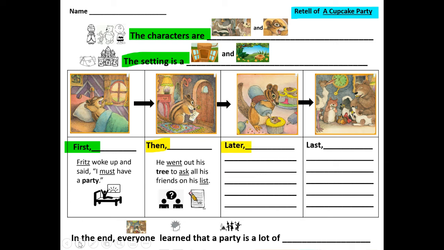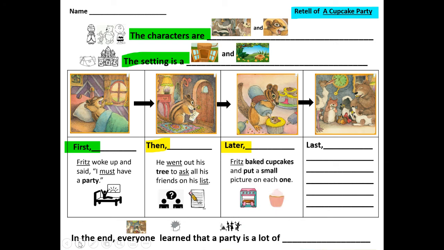Later, what happens later? What is Fritz doing in this picture? Later, Fritz baked cupcakes and put a small picture on each one, a picture of all his friends. And last, what do the friends do?